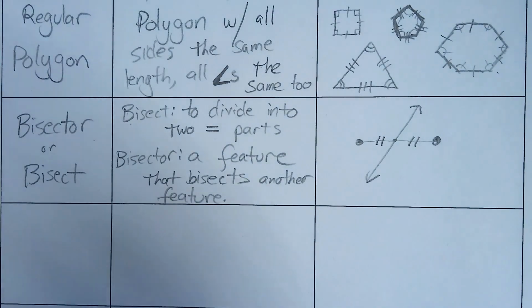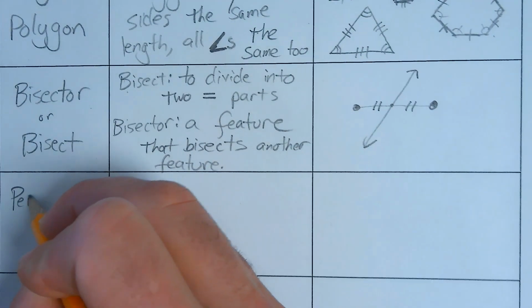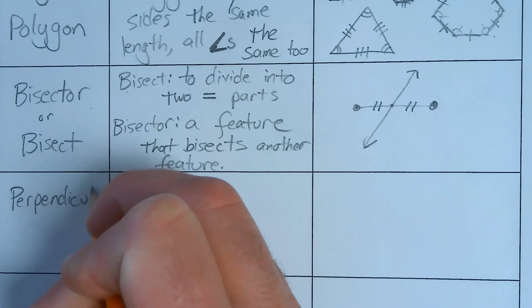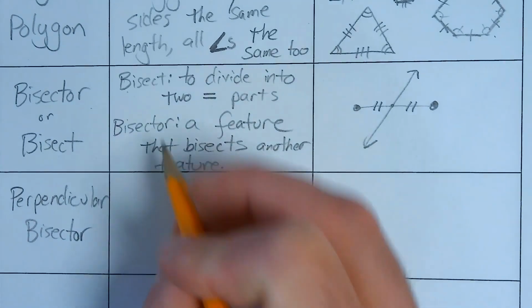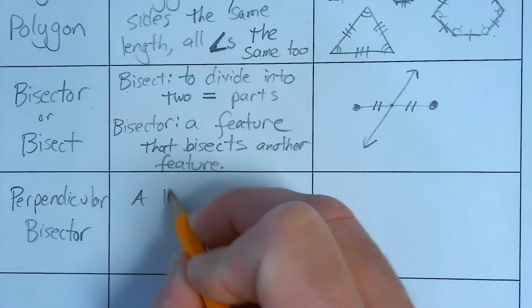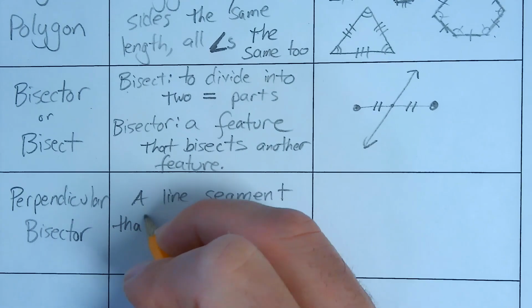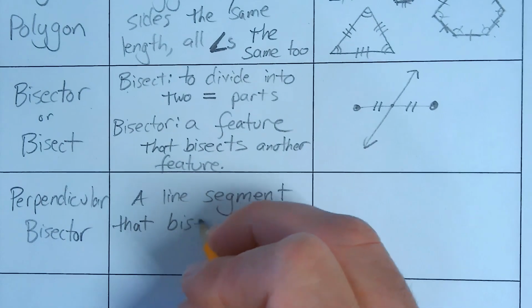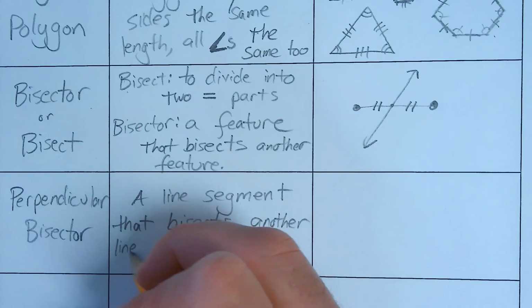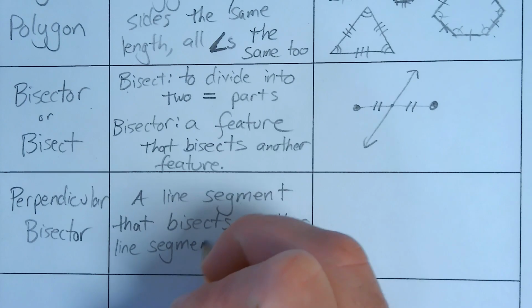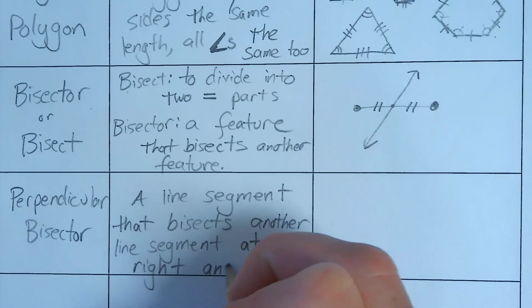We're going to stay on this topic with the perpendicular bisector, which is a line segment that bisects another line segment at right angles.